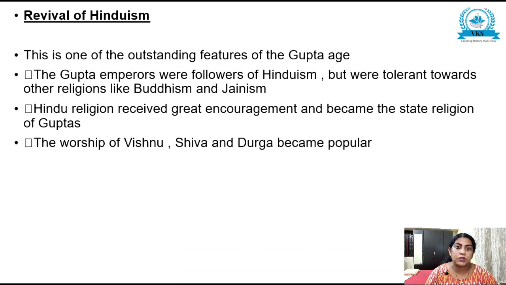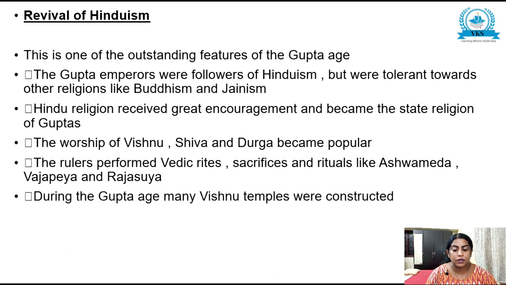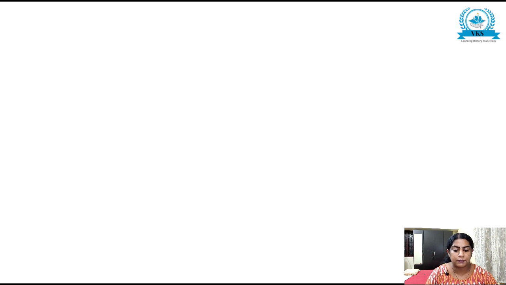The worship of Vishnu, Shiva and Durga became popular, and the rulers performed Vedic rites, sacrifices and rituals like Ashwamedha, Vajapeya, Rajasuya, etc. During the Gupta age, many Vishnu temples were constructed, and Shaiva and Shakti cults were also popular during that time. So that is how Hinduism was revived during the Gupta age.